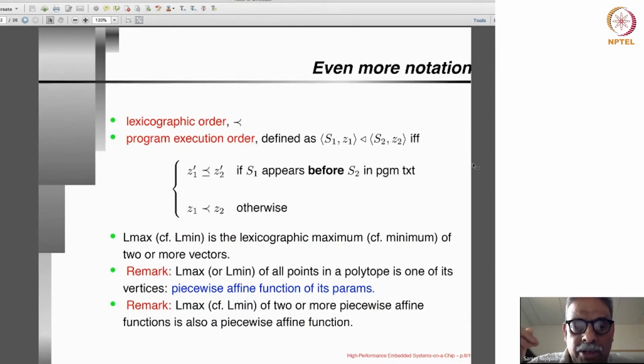And we saw two slides ago that the vertices of a polytope are piecewise affine functions of its parameters. The other thing is a lexicographic max or min of two or more piecewise affine functions is also a piecewise affine function. Again, these are two important mathematical properties that if you spend some time thinking about them, you can work them out.